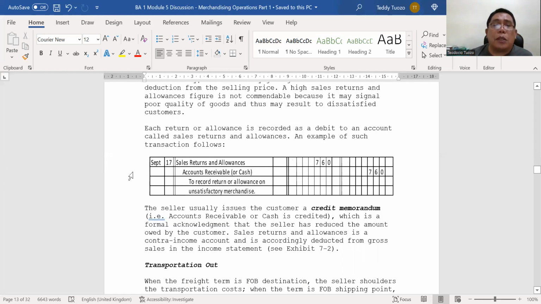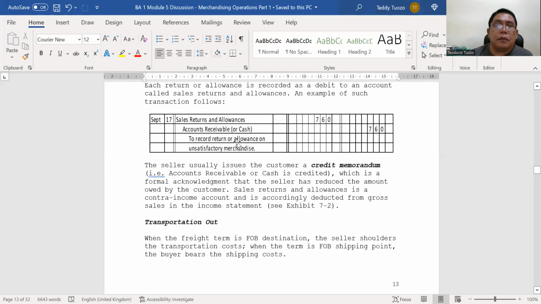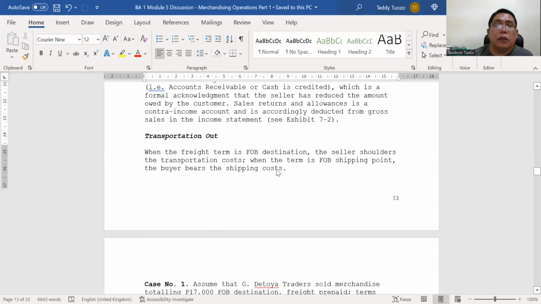So simply, debit to sales returns and allowances and credit to accounts receivable. There should be a credit memorandum, so that the amount is deducted from the accounts receivable account.